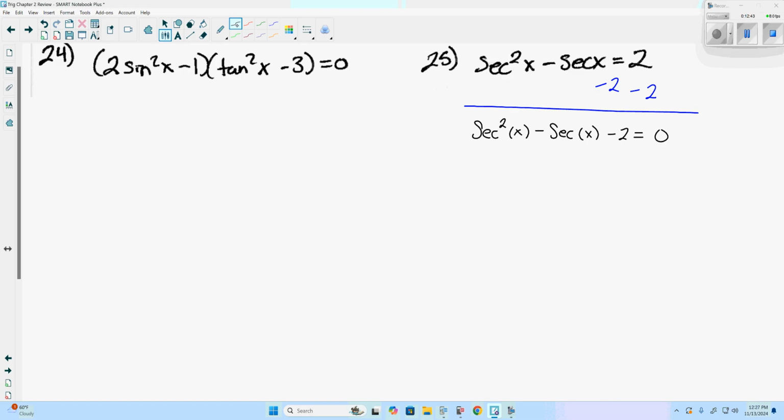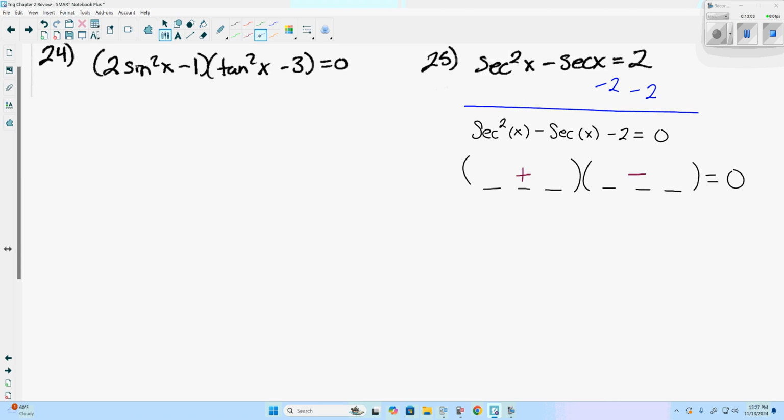And at this point, we can factor this here. Since there is no greatest common factor between these three terms, we'll set up our two sets of parentheses with 3 spaces. Since the third term is negative, our signs are opposite.